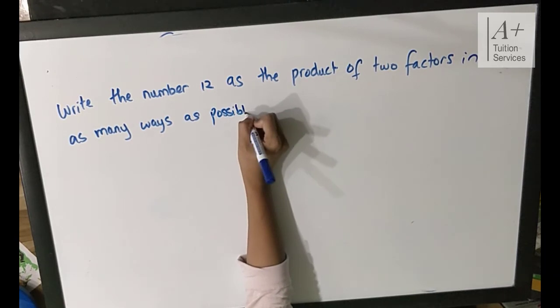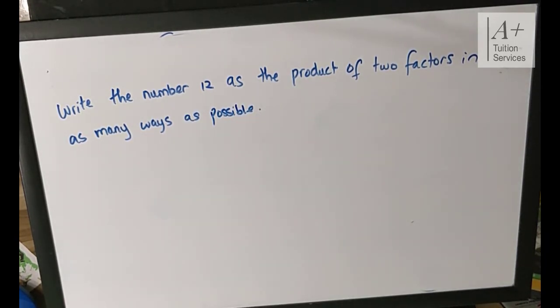So write the number 12 as a product of two factors. So which two numbers or two factors that multiply by each other will give us 12.